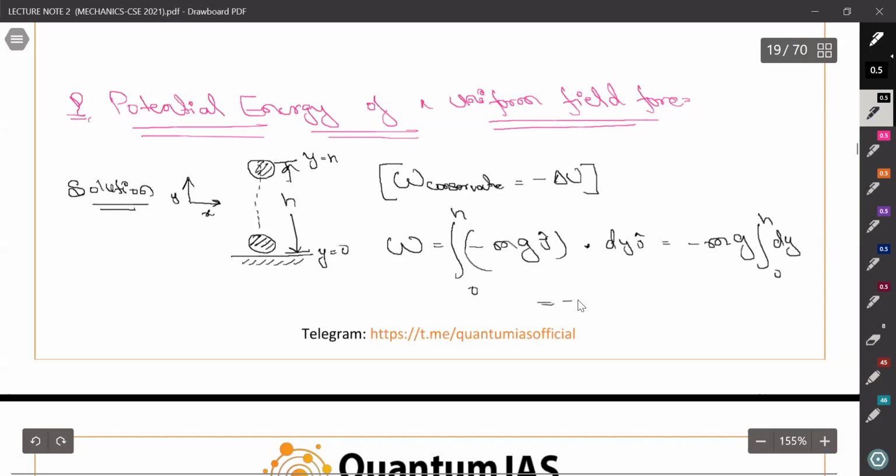So it will be mg integral dy from 0 to h, which turns out to be minus mgh. So if we equate this with minus delta U, we can write that delta U is equal to mgh.